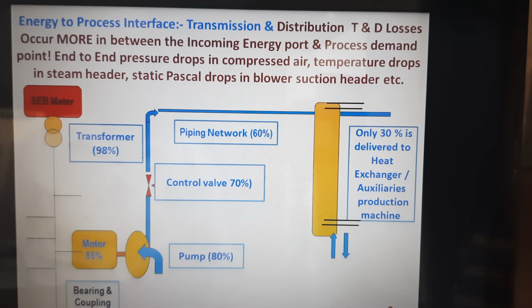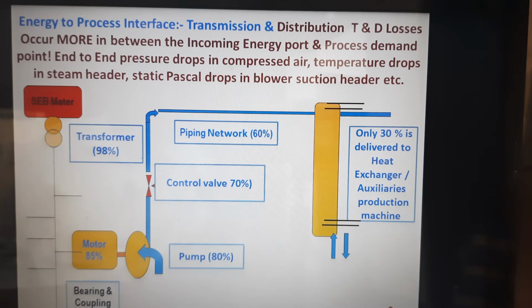So, the energy-to-process interface: if you see from the EB, let us talk in terms of electricity, the transmission and distribution losses occur more from the incoming energy port to the process demand, from the EB incoming side to the transformer, to the motor, to the bearings and couplings, to the pumps, to the control valves, and to the piping network.